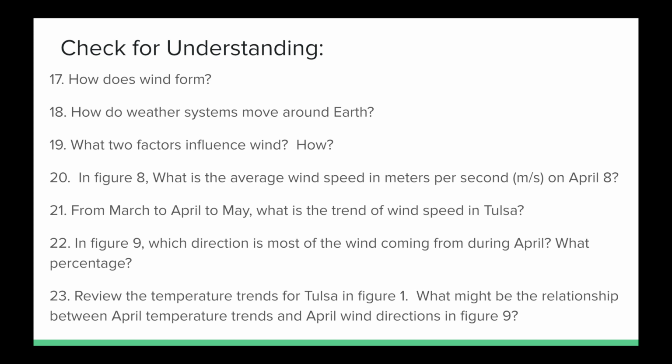From March to April to May, what is the trend of wind speed in Tulsa? Remember, trend means change. 22. In Figure 9, which direction is most of the wind coming from during April? What percentage? 23. Review the temperature trends for Tulsa in Figure 1. What might be the relationship between April temperature trends and April wind directions in Figure 9?